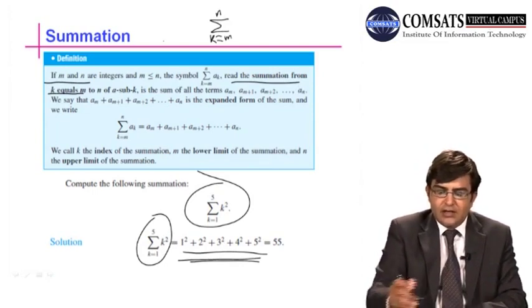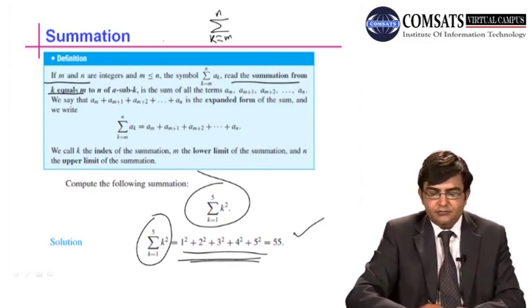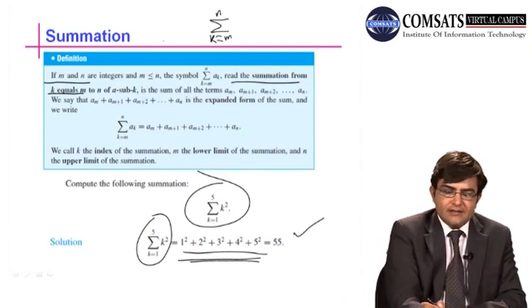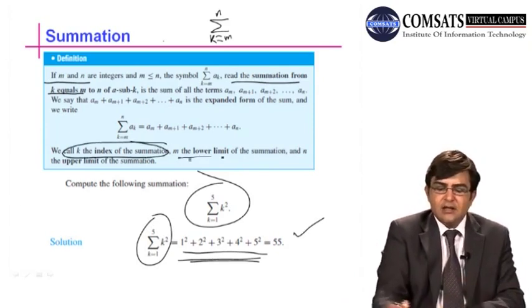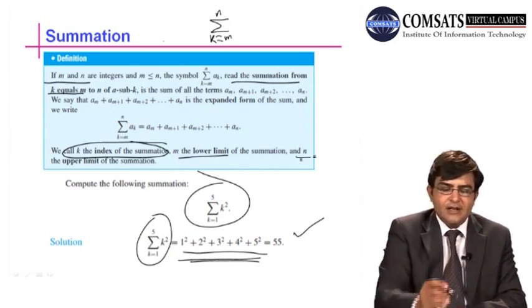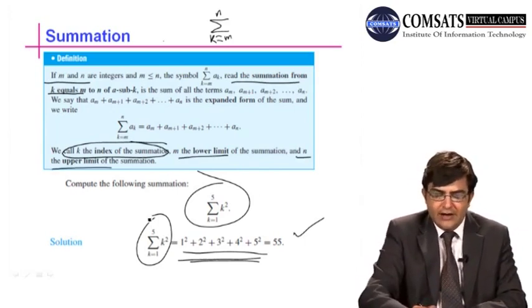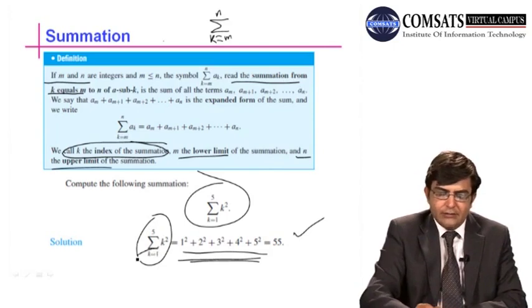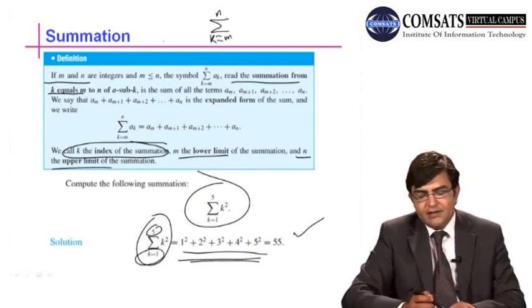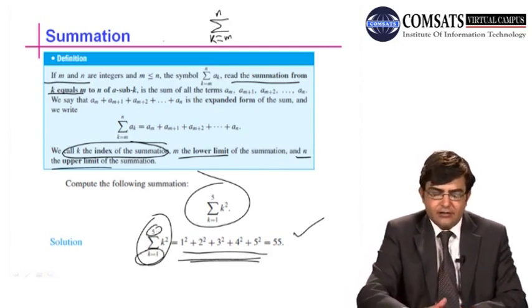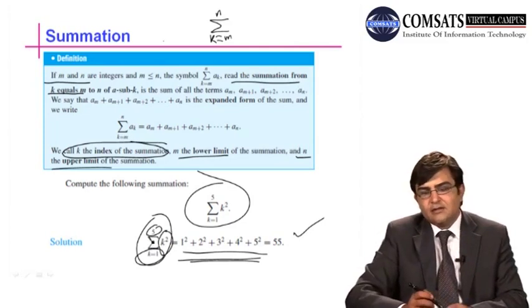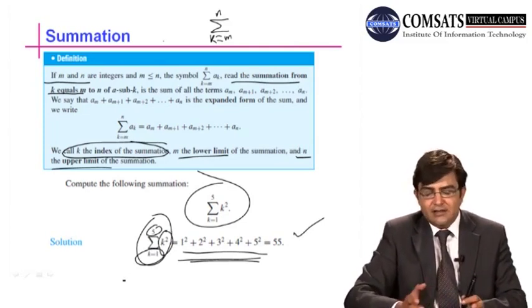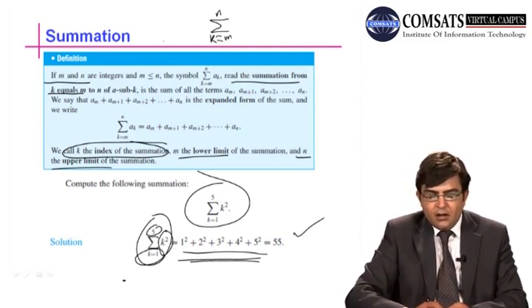So this is how we can define the summation, where k is the index of summation, m is the lower limit of summation, and n is the upper limit of summation. We always write the lower limit here and the upper limit here. It means that k can vary from 1 to 5, and we insert all the values of k in the general term of a sequence, you can say.